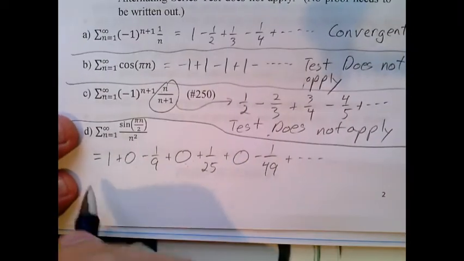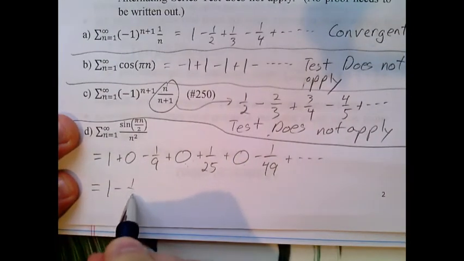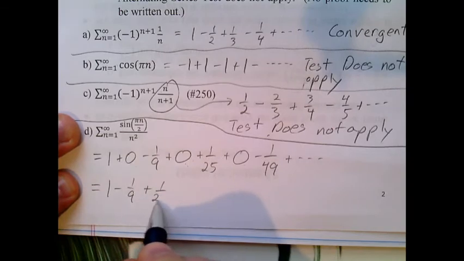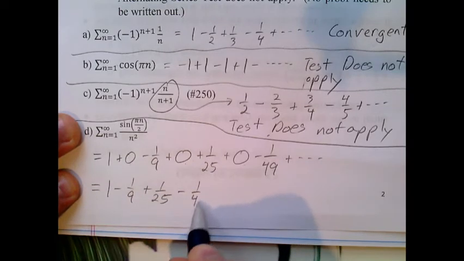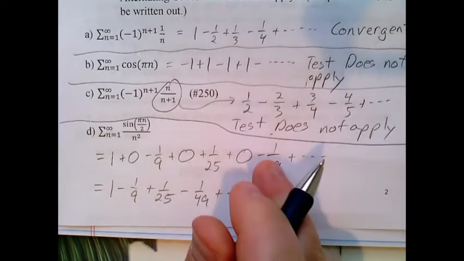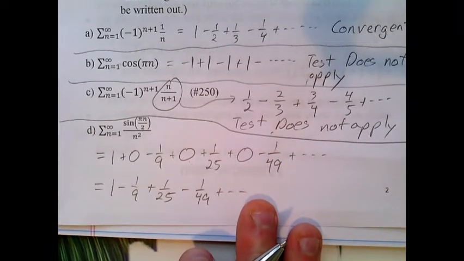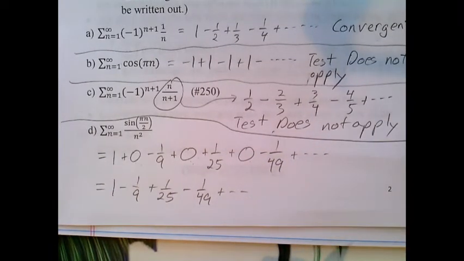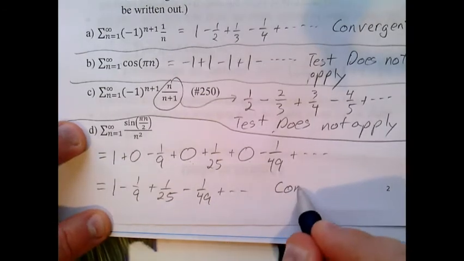So actually, we could rewrite it as 1 minus a ninth plus 1 over 25 minus 1 over 49. We haven't really lost anything by doing that. We've just tossed out zeros. When I write it in this form, now I can say, yeah, it's clearly an alternating series. The terms are clearly decreasing in absolute value and clearly going to 0. So in this case, I would say this one is convergent.